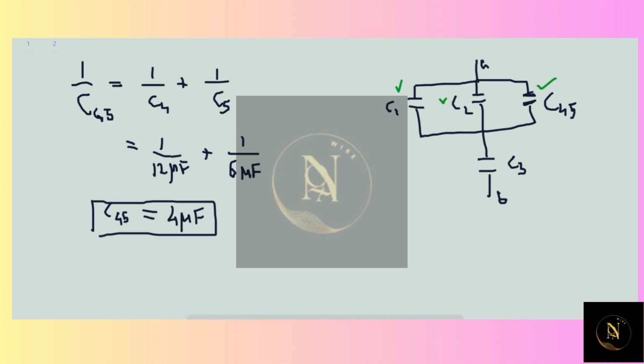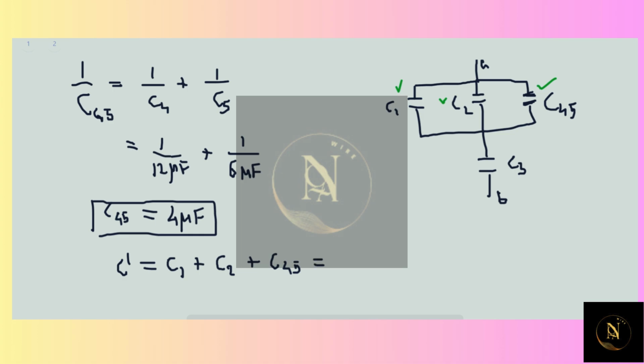We can find the net capacitance for this combination. Let's say the net capacitance is C prime, which will be the sum of individual capacitances. So it's going to be C1 plus C2 plus C45, which we have just found.